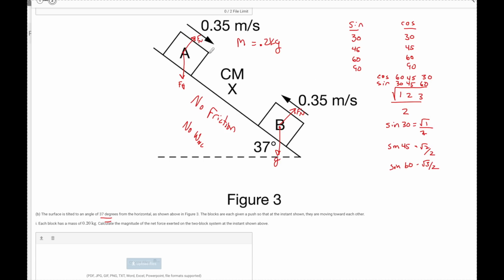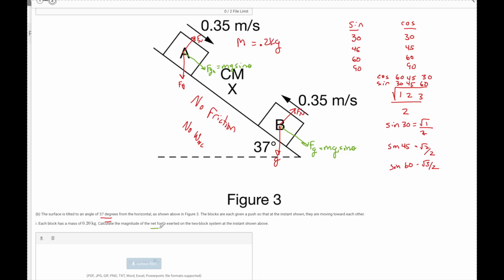But now if I look in the direction of motion, I have Fg parallel, right? Which is equal to mg sine theta, which makes it slide. Same holds true here. I have Fg of this block, which is mg sine theta. There's no friction, nothing else. So these are the forces and their components that are acting right now on this block.